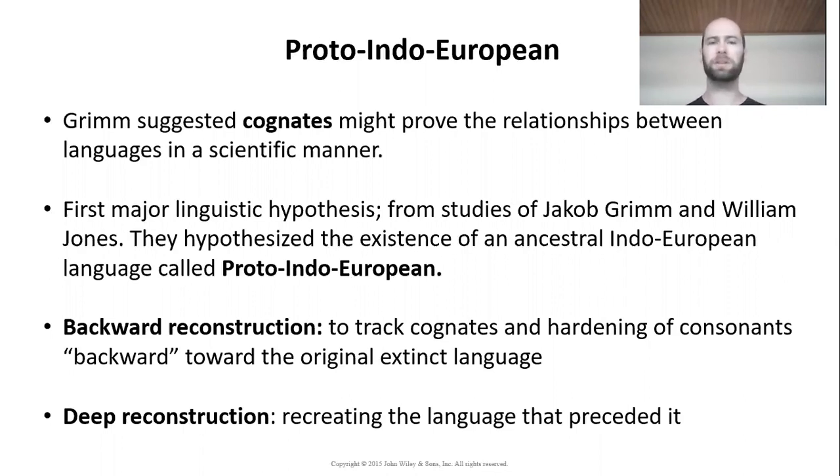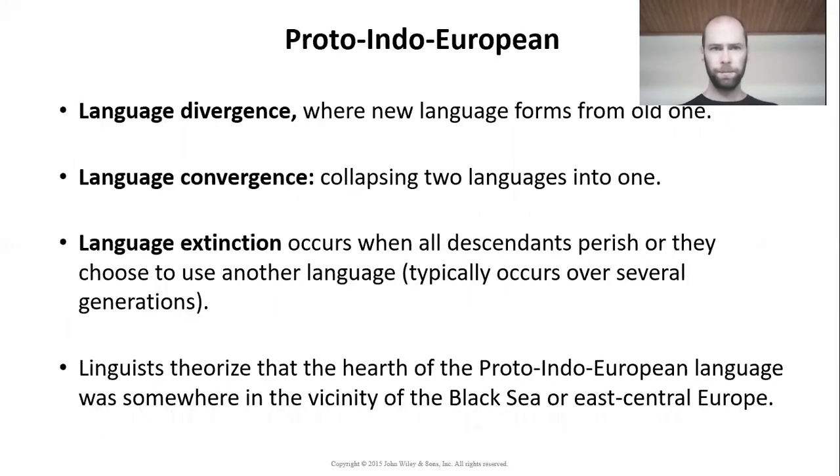And they used backwards reconstruction, through tracking cognates and the hardening of consonants, to try and work backwards towards this original Proto-Indo-European language. And then they can do a thing called deep reconstruction as well, where they try and recreate that language.